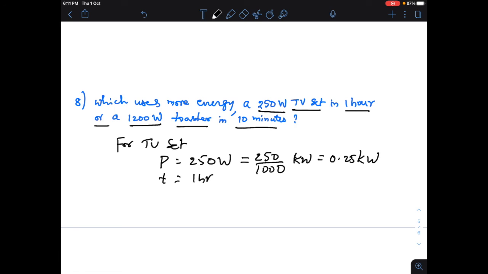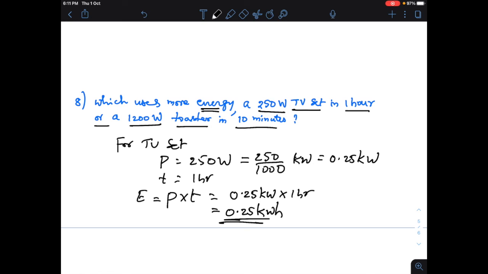Time is 1 hour. Now, which uses more energy? So, you have to calculate energy. Energy E is equal to P into T. So, here P is 0.25 kilowatts into 1 hour time, so that is equal to 0.25 kilowatt hour. This is the energy consumed by the TV set.